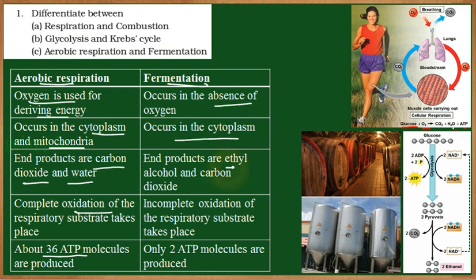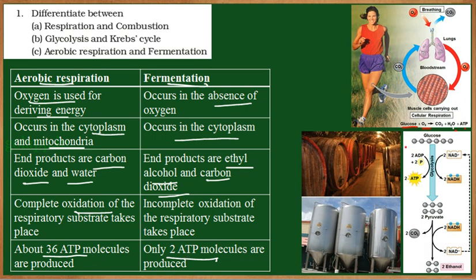It gives rise to ethyl alcohol and carbon dioxide. So an intermediate compound, ethyl alcohol, is formed. Therefore it is not completely oxidized. And only 2 ATP molecules are produced. In aerobic respiration, 36 ATP are produced, but in fermentation, only 2 ATP will be produced.